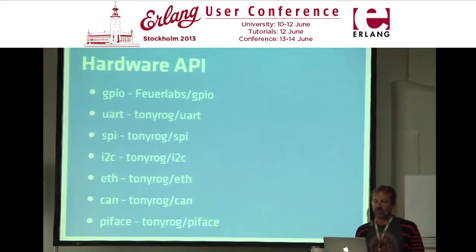And we also have the SPI driver, slightly different, I guess, from the one you got from the last speech, and I2C. And then I also wrote recently an Ethernet driver that can be used for filtering packets or accessing any kind of packet using BPF with a special compiler. It makes it possible, for example, to switch packets on the Erlang process level.